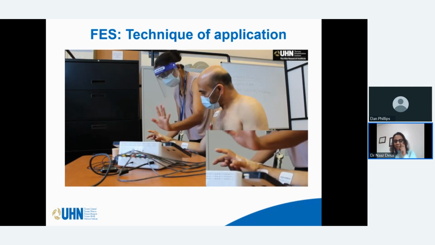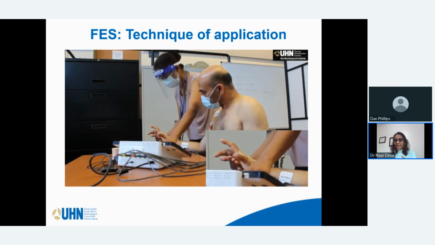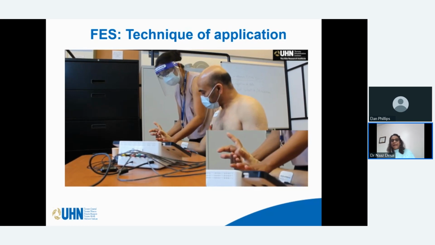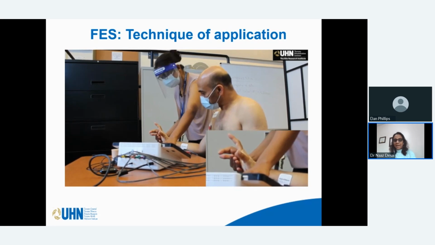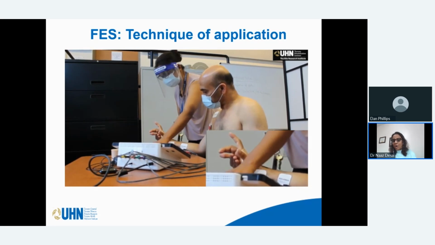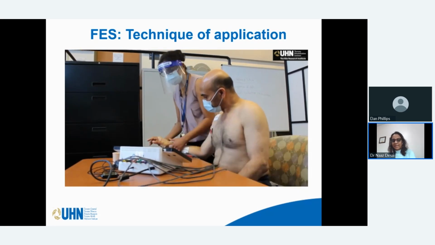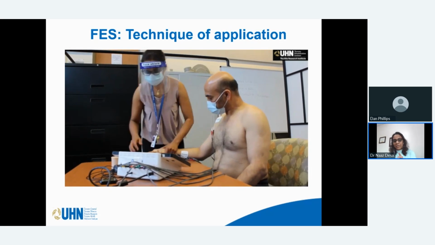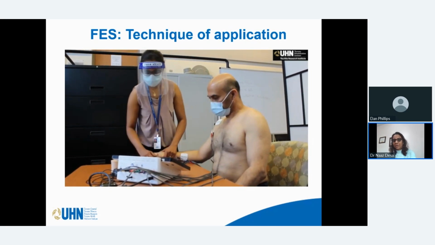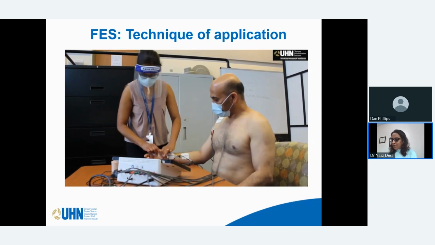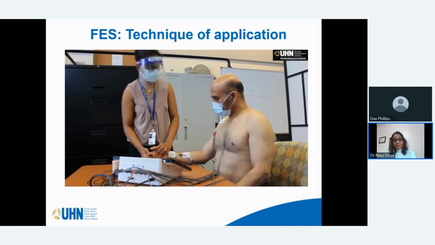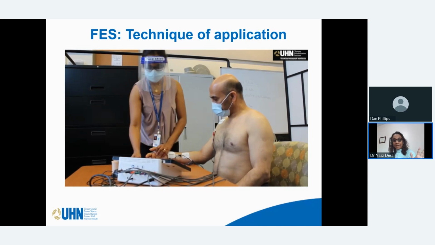This gentleman has suffered a stroke, and he's at least 12 months post-stroke. So he's chronic stroke, and he has very little function in his hand, almost none. He's unable to open his hand on his own. When we are setting up the amplitude, we want the patient to not do anything, because we want to identify the amount of current required to elicit the opening.